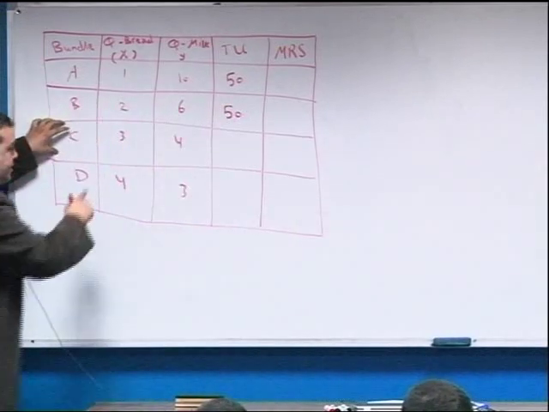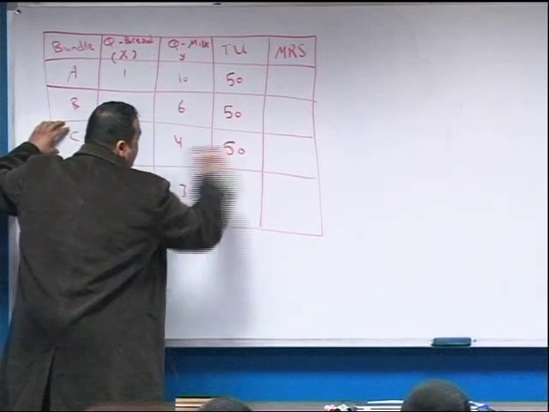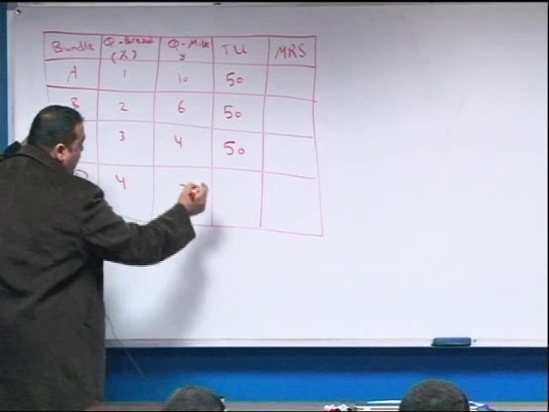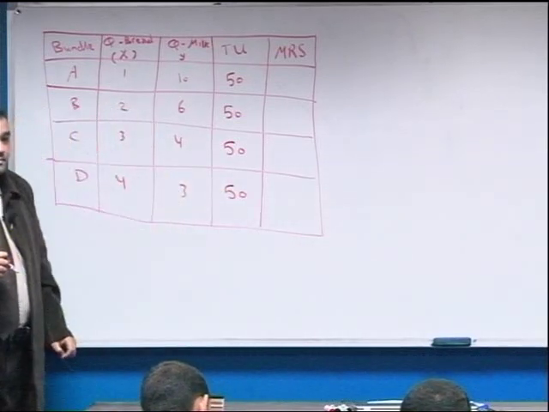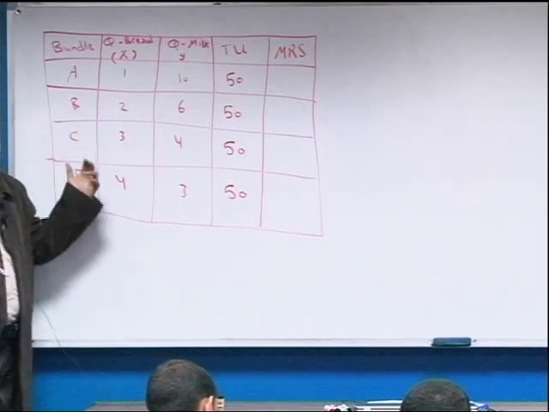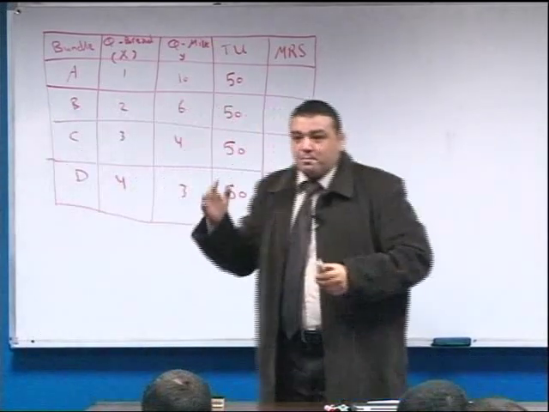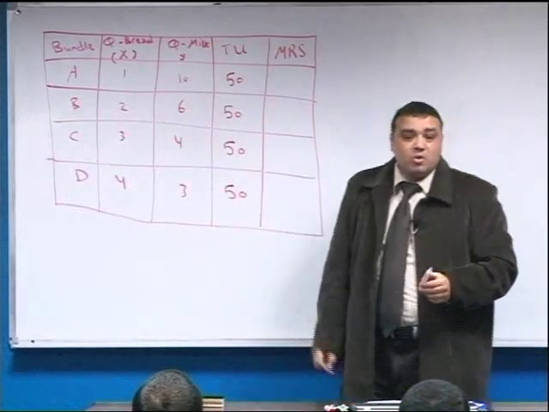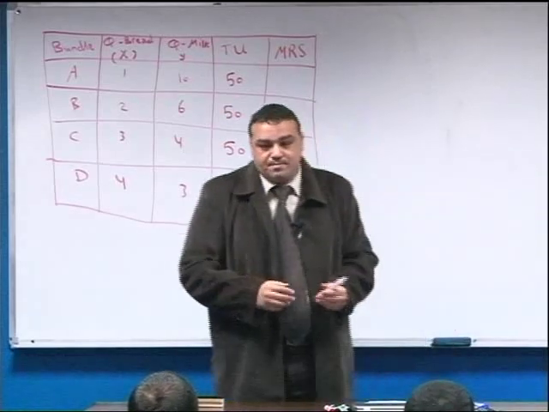Bundle C, 3 units of X and 4 units of Y, gives him 50. D, 4 of X and 3 of Y, gives him the same total utility. Right? So as you see, the different bundles of X and Y give the consumer the same total utility or the same satisfaction.